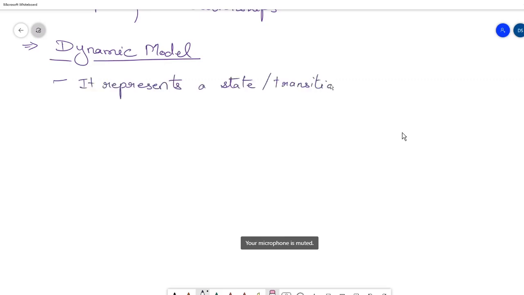So the dynamic model would always represent the state or transition view of the model.